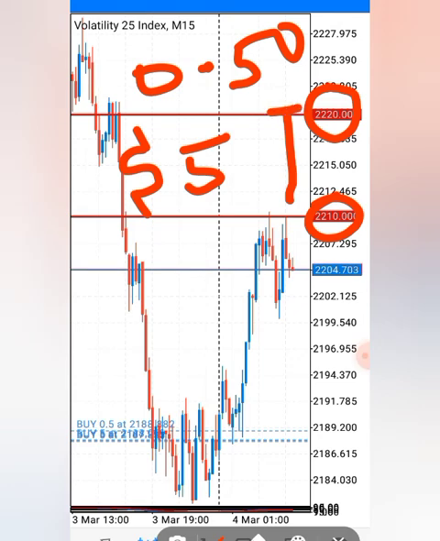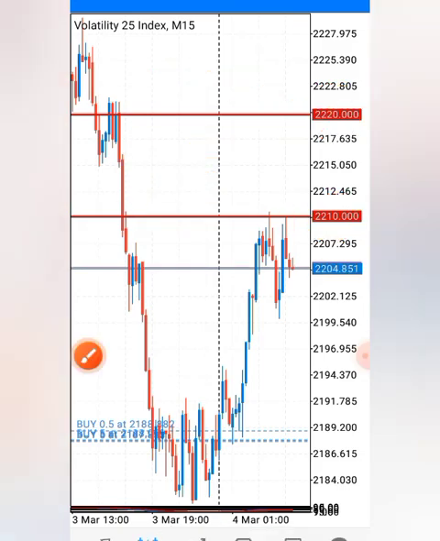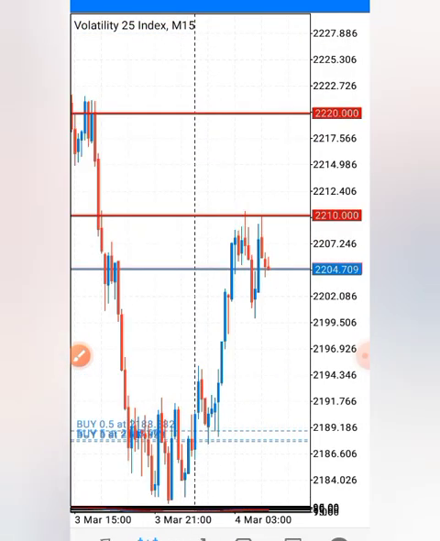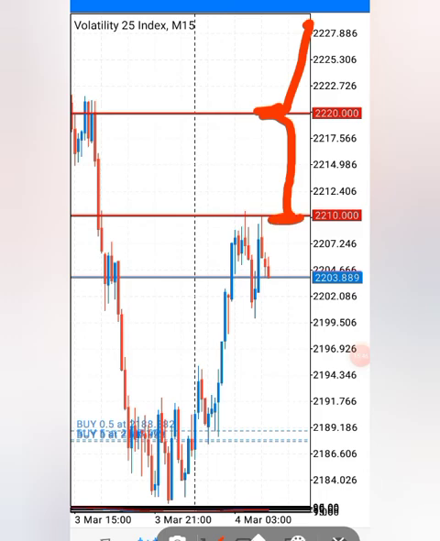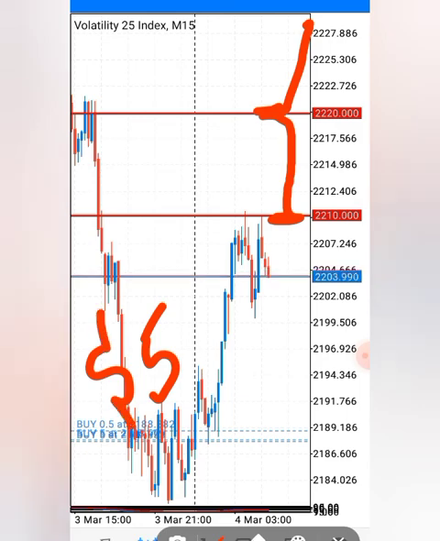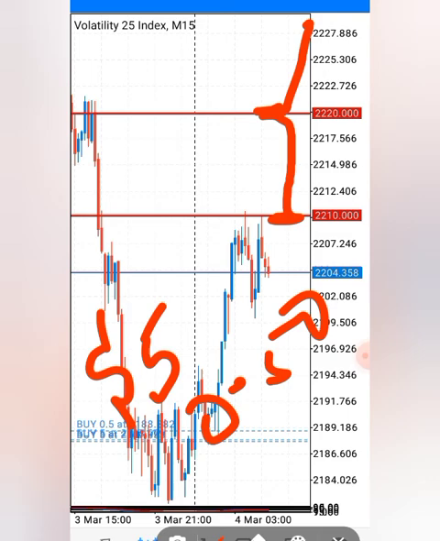If you place a trade up here, let's assume you place a buy up here at 22.20. If the market goes against you and hits this point, you're going to lose $5 on 0.50 loss size, which is the minimum loss size.